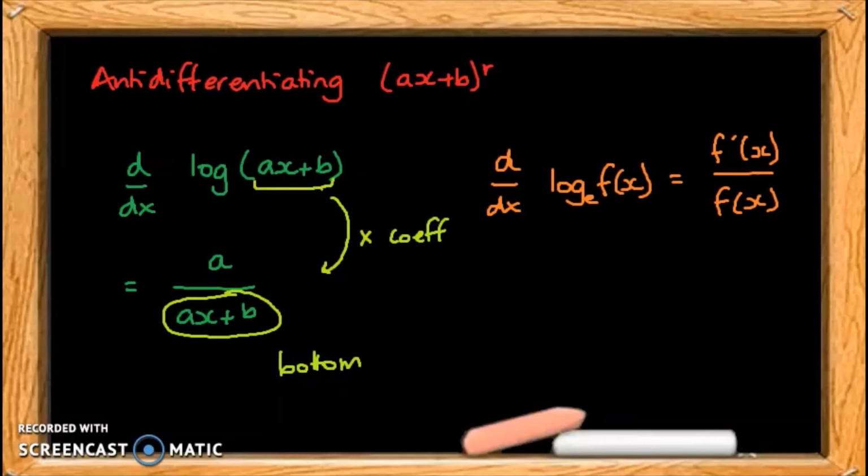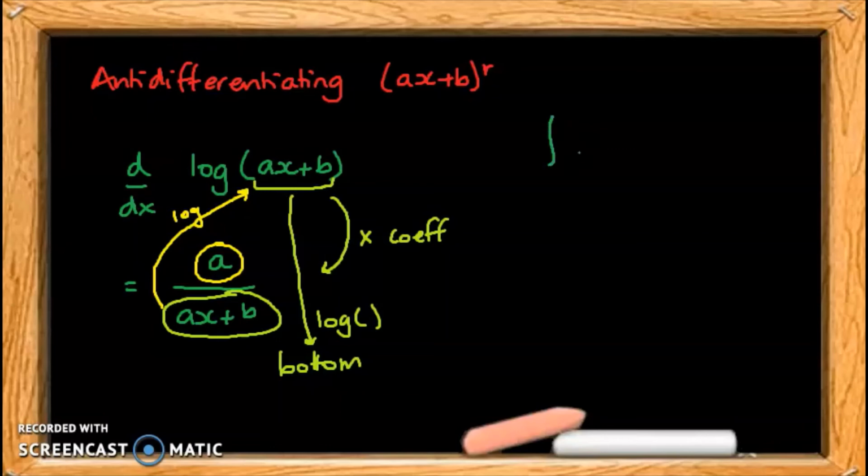My log expression, whatever's in the brackets, will be in the denominator. So when I go the other way, I'm going to put my expression in the log, and then I'm going to need to divide by my a.